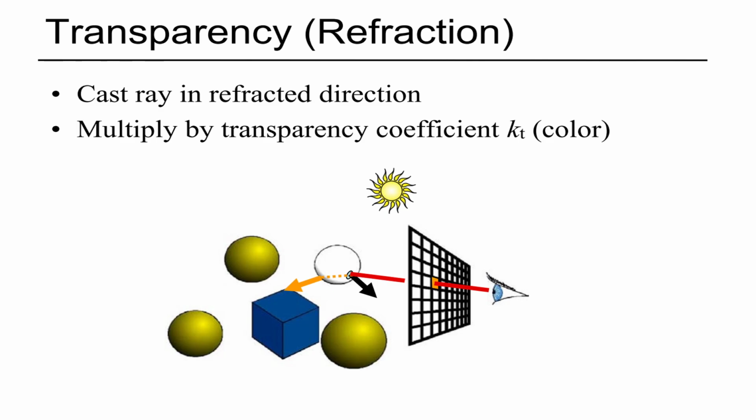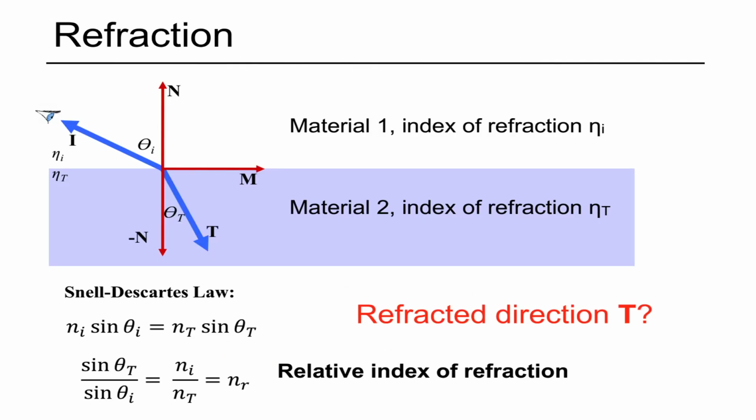Okay, now recall what we know about refractive indices from our intermediate level physics. First of all, refractive indices are properties of the material itself. Each different type of refractive object can have its own refractive index, which we denote here as eta. This is basically the ratio of the angles the incoming and outgoing light rays make with the normal at the point of intersection.